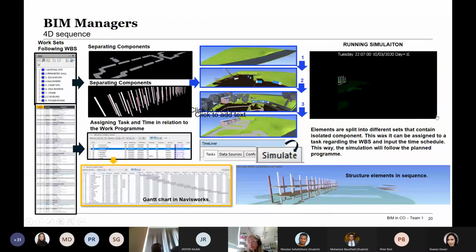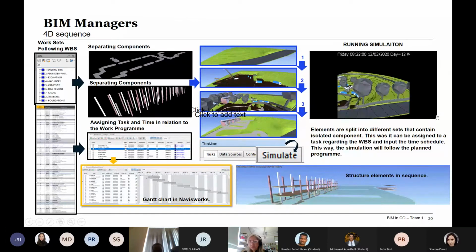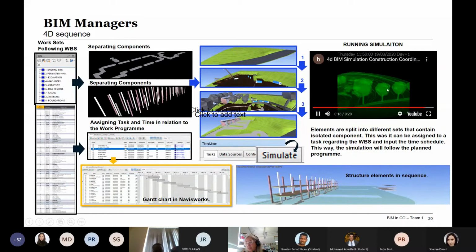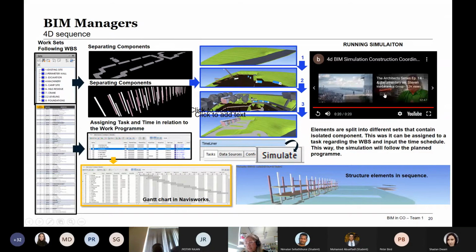I'm not going to play it all because we have a very short time, but you can see that this is a way to do it. A little bit of a shame that the trees were on the line side and we couldn't see that much. So please make sure that the actual video is useful. You can see more on the images in the middle rather than on the sequencing video.